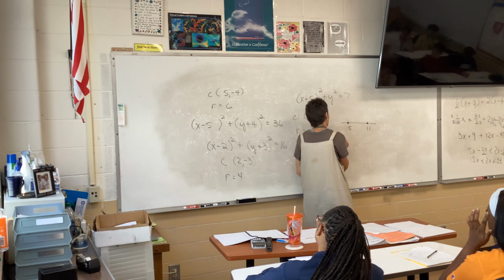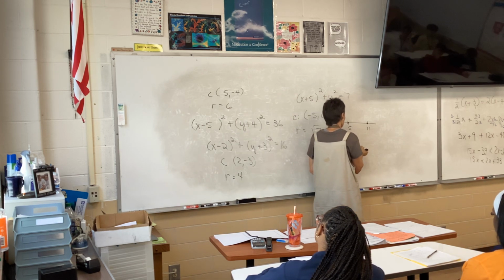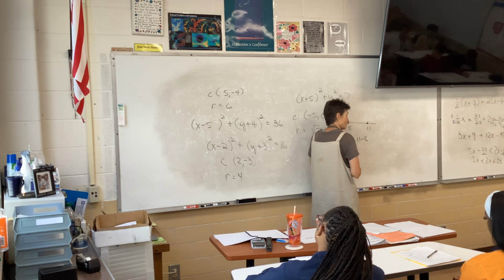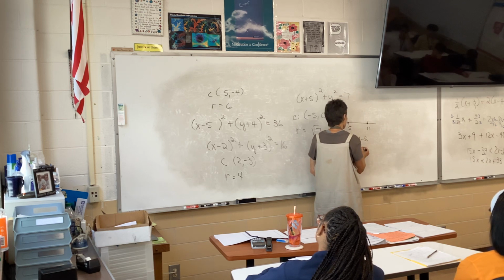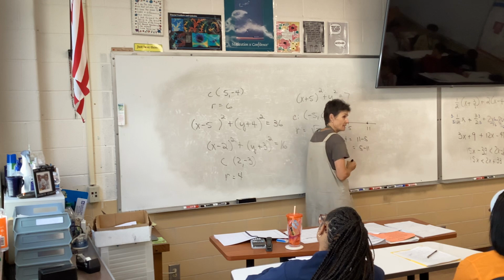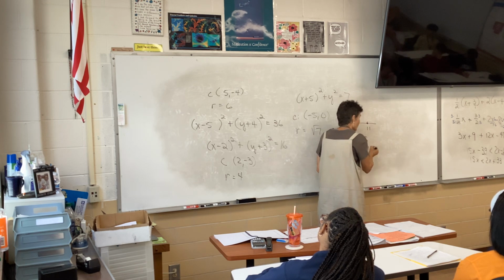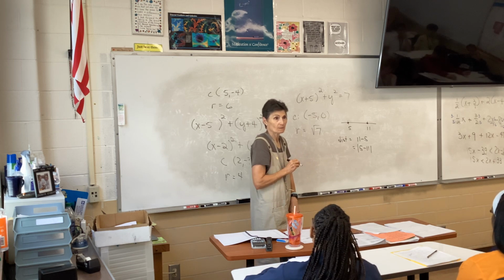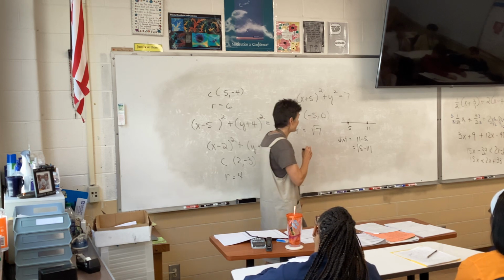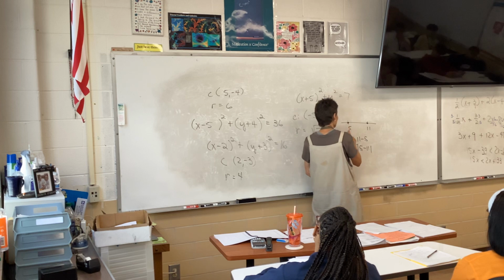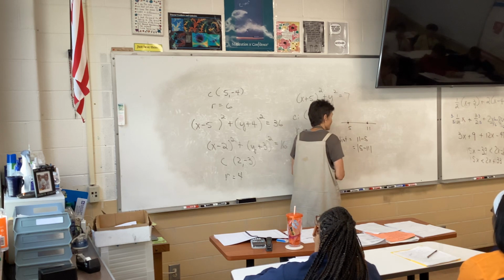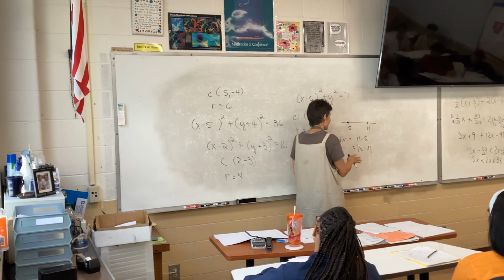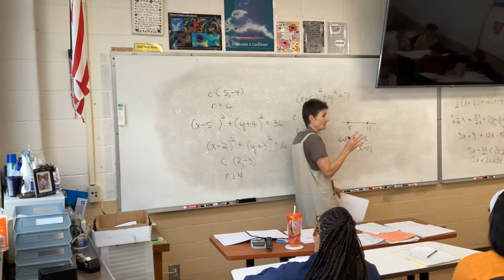And I could do 11 minus 5, or I could do 5 minus 11 as long as I put it in absolute value, right? It's a positive number. So the distance between 5 and 11 is the absolute value of 5 and 11 subtracted.